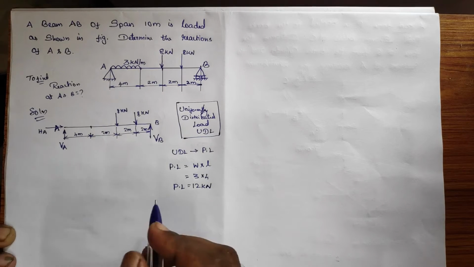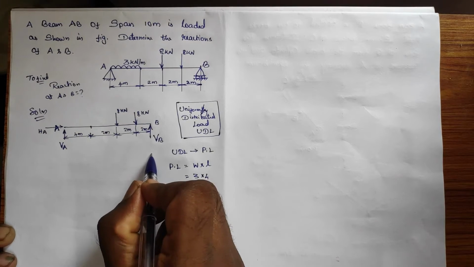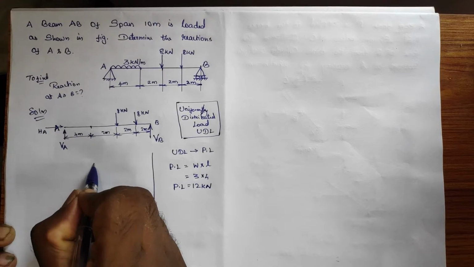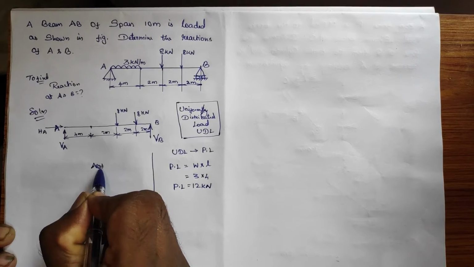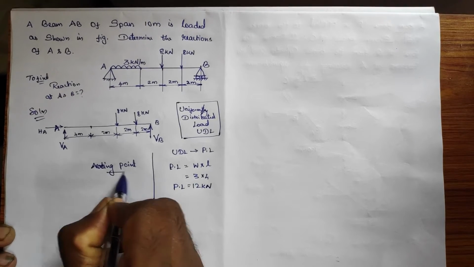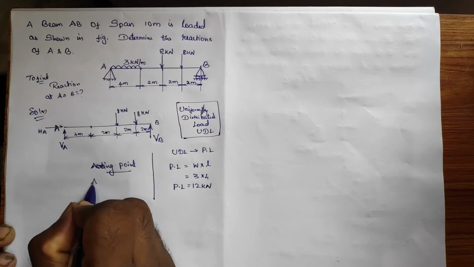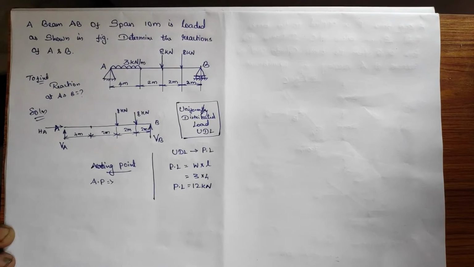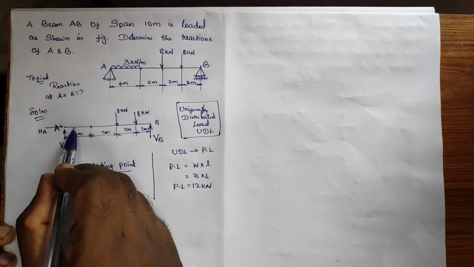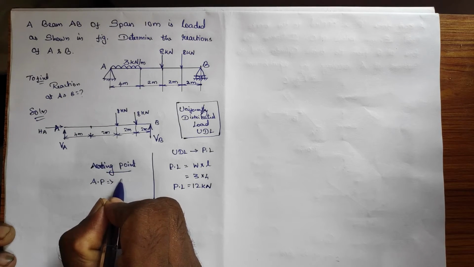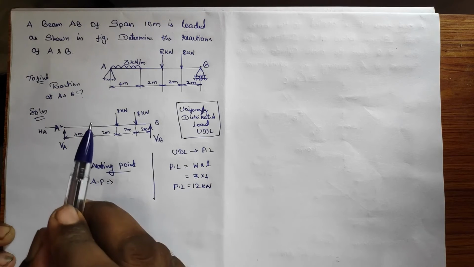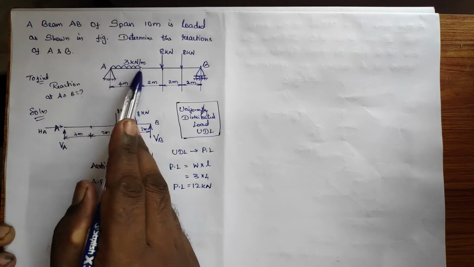And one more thing we need to find, that is the acting point. This is the point load, and next is the acting point. The acting point is very much important here. When you come across a uniformly distributed load UDL, it actually acts at the mid of the load.